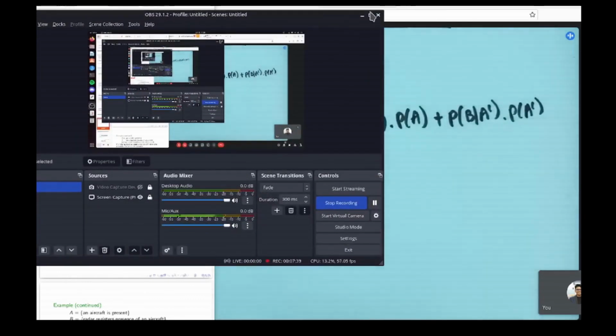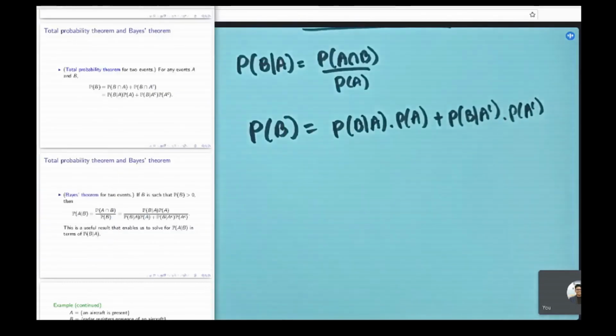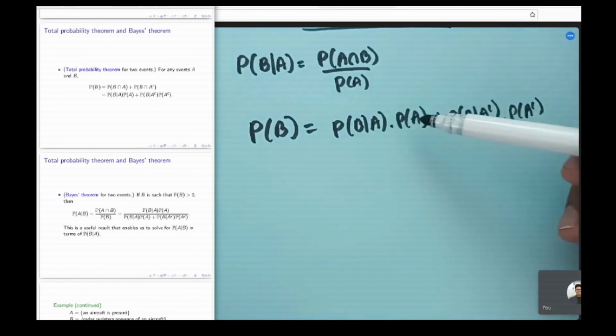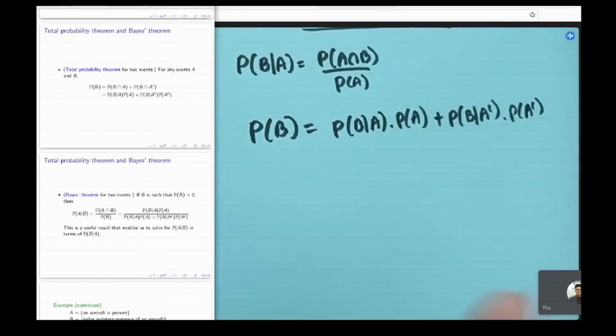Okay, right, basically the total probability of B can be taken as the conditional probability times the probabilities of the respective other events. So this can be extended, of course.